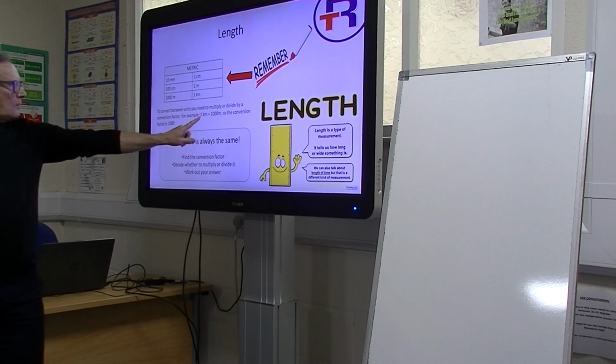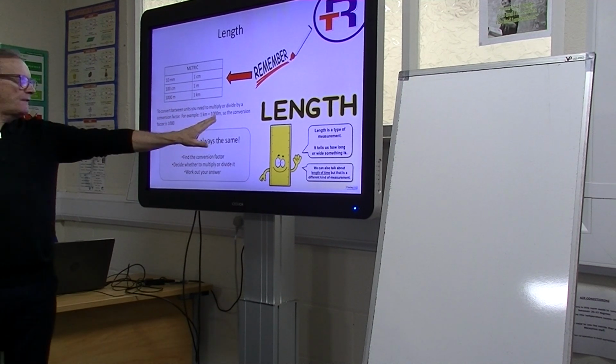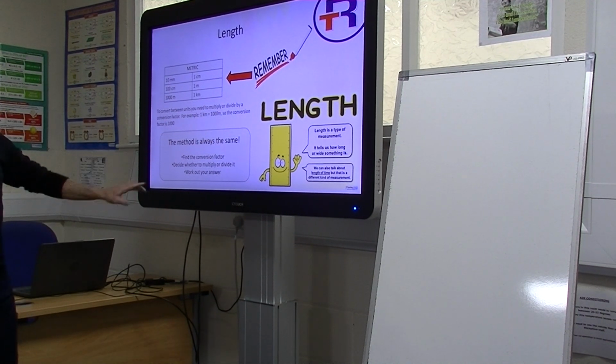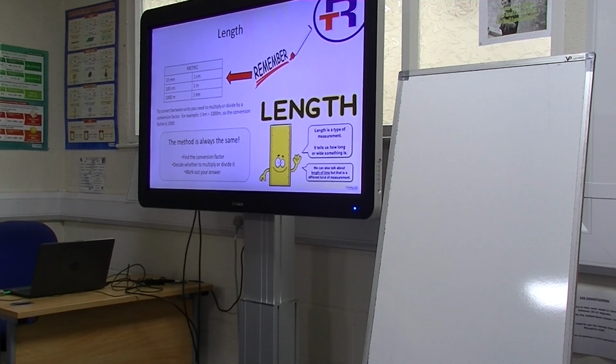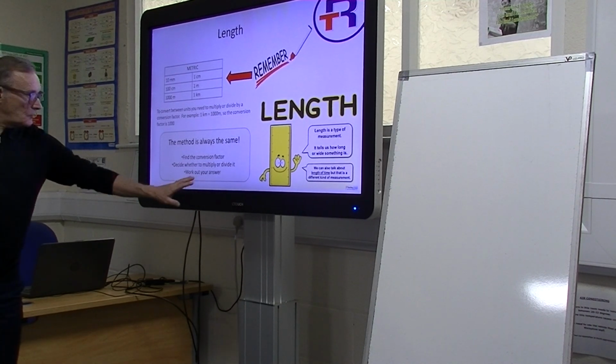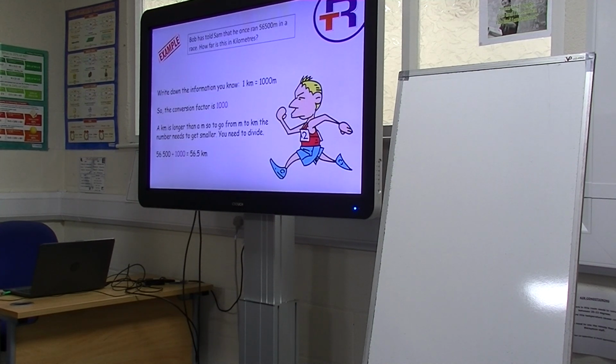If you're going from kilometres to metres, the conversion factor is 1,000, because there are 1,000 metres in a kilometre. Decide whether to multiply or divide. If you're not sure which, you do them both, and your answer will become glaringly obvious. It's as simple as that. We looked at this when we did area questions, so it should not be too much of a problem.